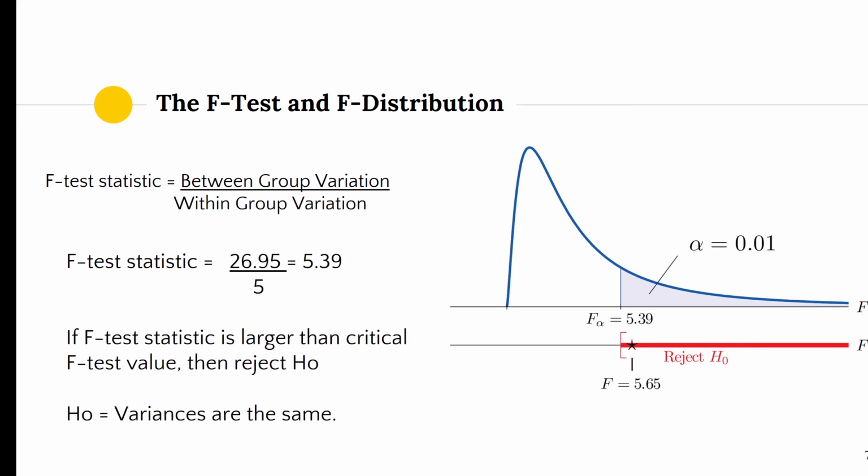And so that is what the F-test is looking at specifically, that your variances between group and within group are the same because they're both estimating the same population level variation. So you compare your F-test statistic to your critical F statistic, and you either reject or fail to reject your null hypothesis.